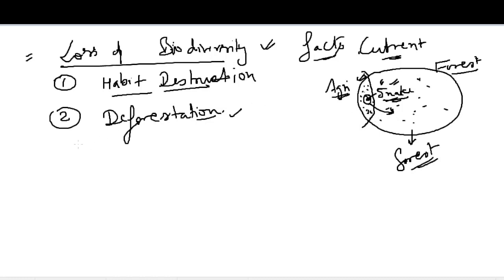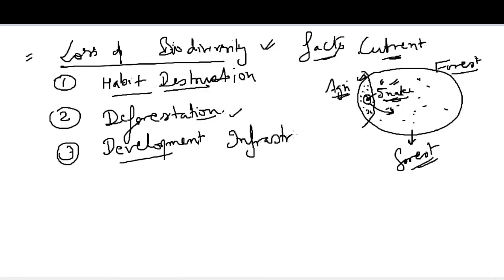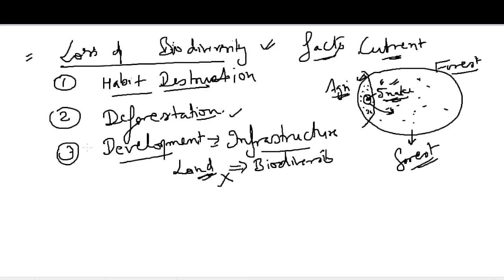Another cause is development. Infrastructure development leads to the taking over of land, and hence whatever biodiversity is harbored by this land is being threatened. This is because of development.